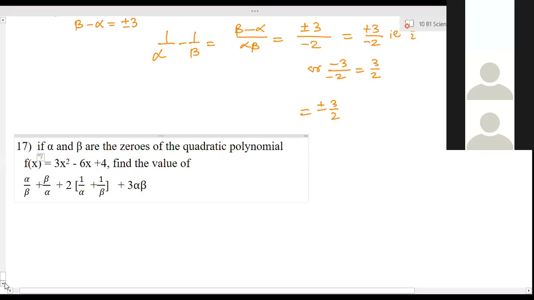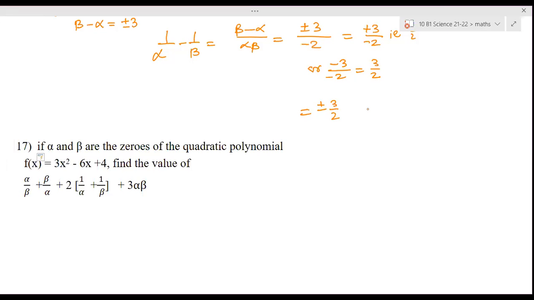So in the 16th question, you have alpha by beta plus beta by alpha, right? So how to simplify this? LCM will be alpha beta.